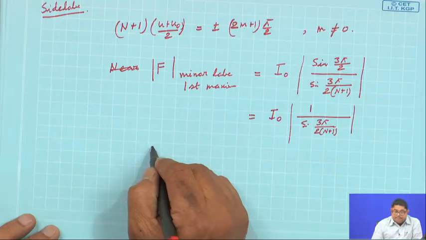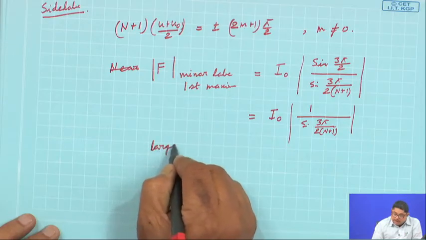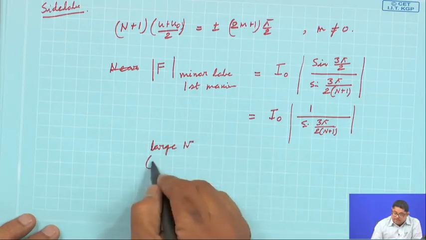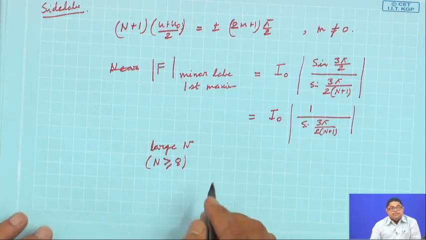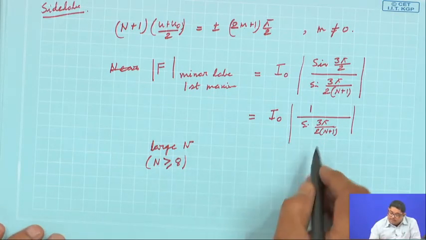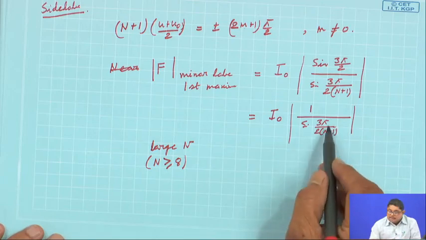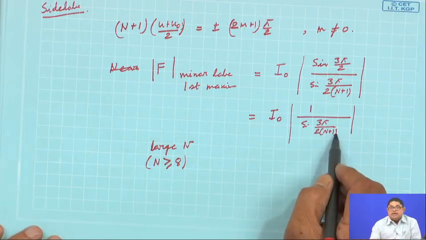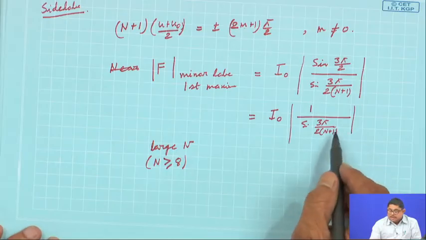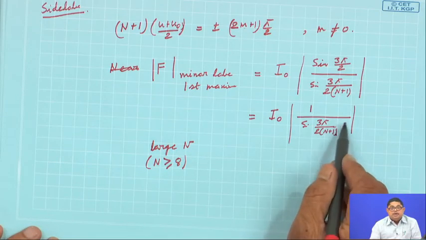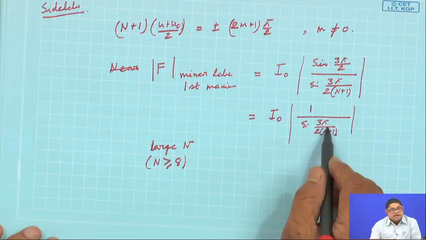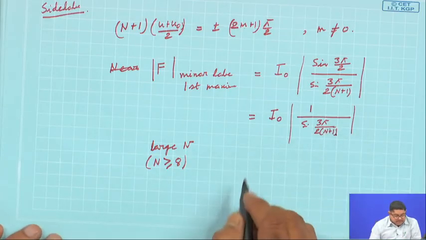For large n, how large? Typically, if n is greater than or equal to 8, the argument of sine, 3 pi by 2(n plus 1), is very small, so it can be approximated by the angle itself.